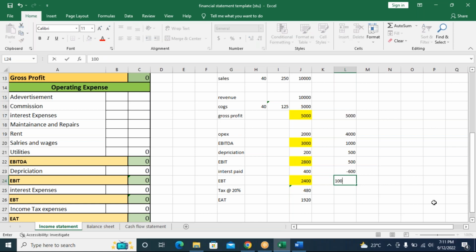That will be minus 100, isn't it? So this will be my loss.